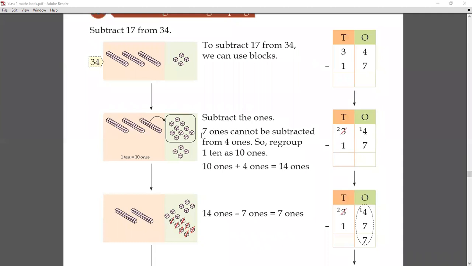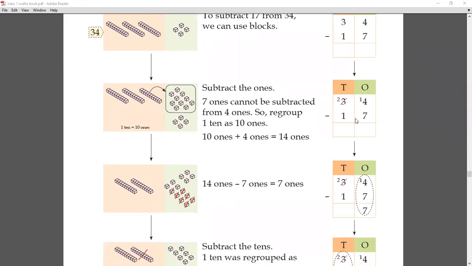Subtract the ones. 7 ones cannot be subtracted from 4 ones. So regroup 1 tens as 10 ones. 10 ones plus 4 ones is equal to 14. Okay. Look at this. 14 ones minus 7 ones is equal to 7. Okay.